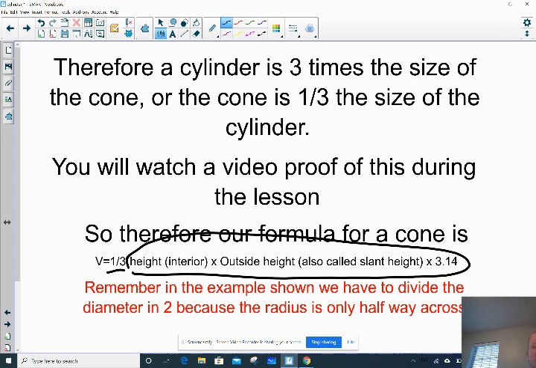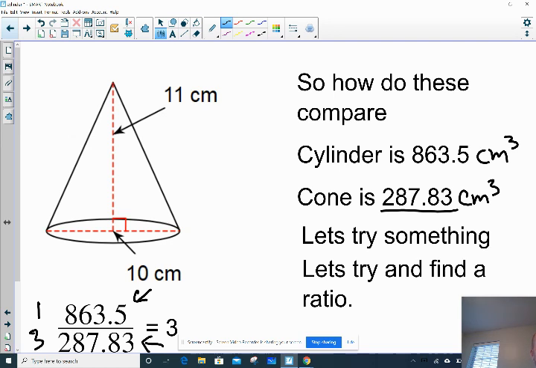Now, how do they actually compare these? Because in a cone, we have a height interior and a height outside. Well, let's go back to this slide, and I'm going to show you what that means. My interior height, if I were to drop a line from the top straight down, this would give me my interior height. The outside is called a slant height. Why? Simply because it's a slanted line.